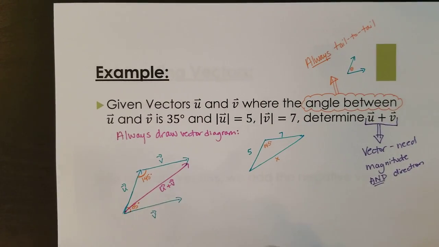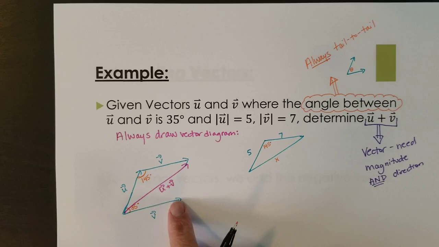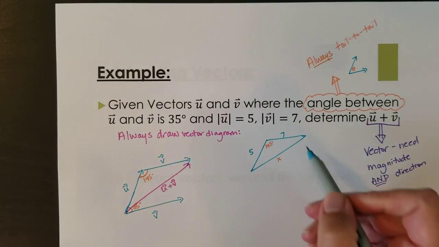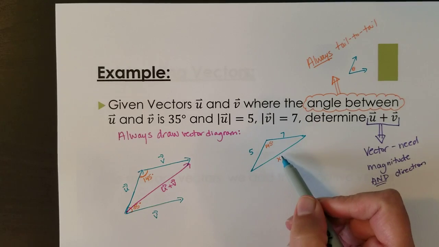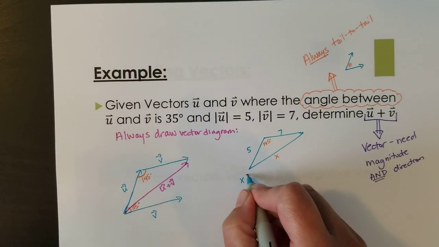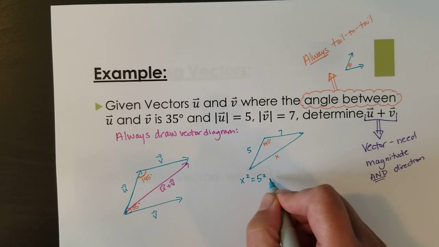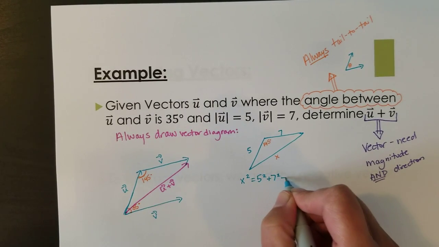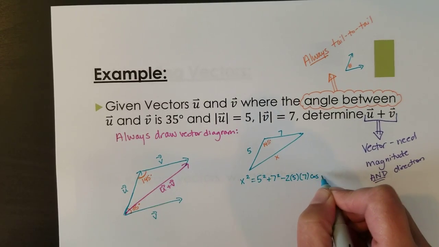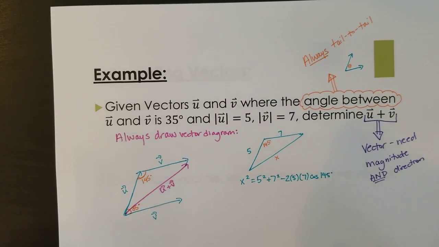The X is the magnitude of the sum of u plus v. So here we know we could find this. We can find that X value using the cosine law. So 5 squared plus 7 squared minus 2 times 5 times 7 times cos of 145.